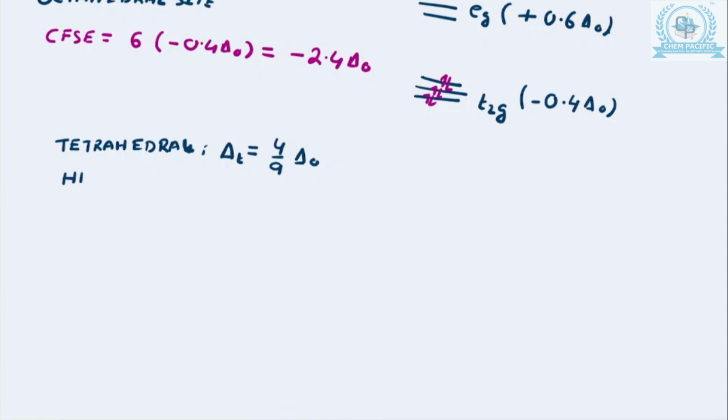Therefore, always remember that whatever may be the nature of the ligand, whatever may be the nature of the metal, whatever may be the condition, tetrahedral complexes are all and always high spin complexes.